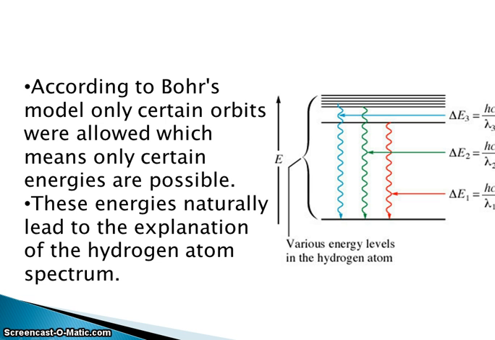So let's look at this particular diagram. What we see is a change in energy along the y-axis of this particular diagram. And we see that if energy is added in, it's added in particular discrete amounts. So if we add in some energy, we're going to have a particular wavelength in the red part of our visible spectrum.